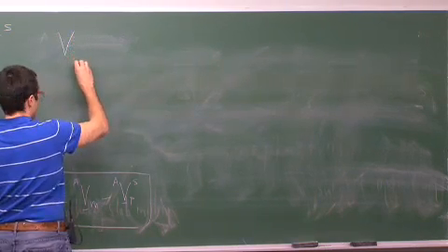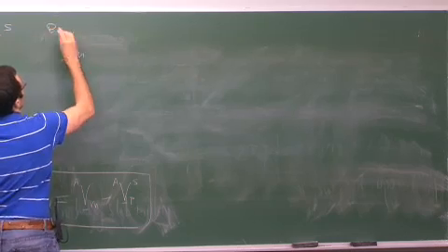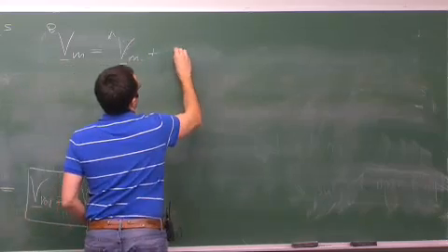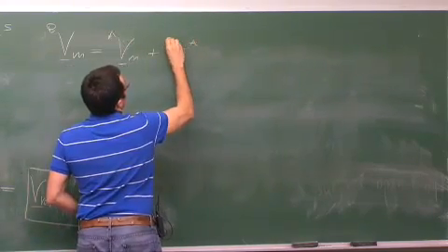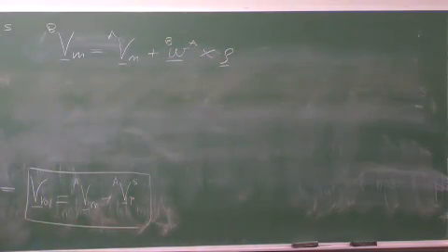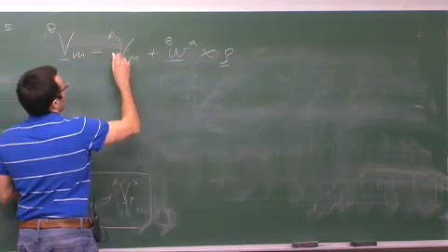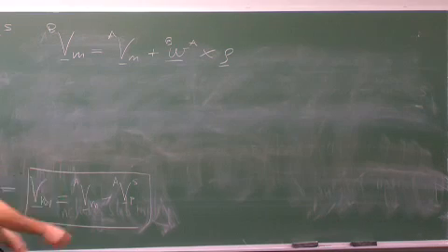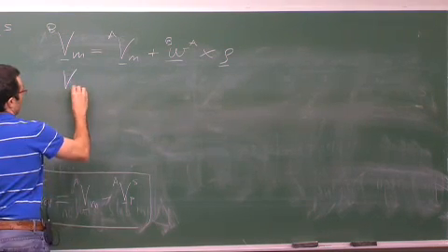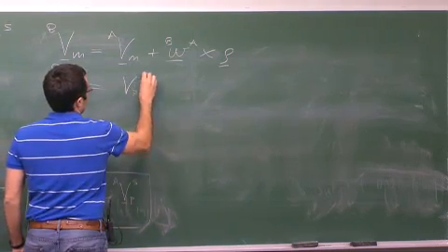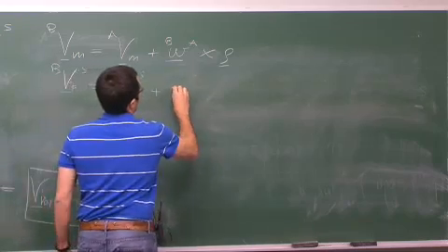I can write that Vm in B is Vm in A plus omega AB cross rho, where rho is the vector that goes from the origin of the coordinate system fixed in the reference frame B to the mass m, which will be the same for P. If you do the same for VPS in B, this is equal to VPS in A plus the same term.